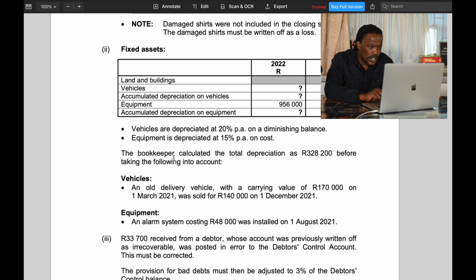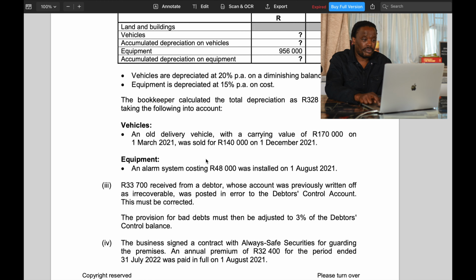Suggested solution, you understand most. So let's look at it. The bookkeeper calculated the total depreciation at 328,200 before taking the following into account. An old vehicle with a carrying amount of 170,000 on 1 March 2021 was sold for 140,000 on 1 December 2021.